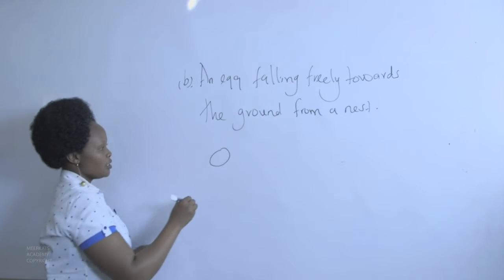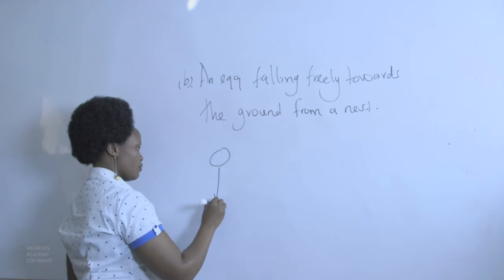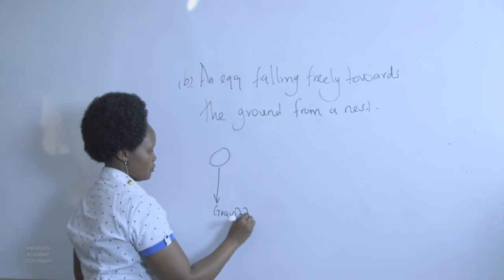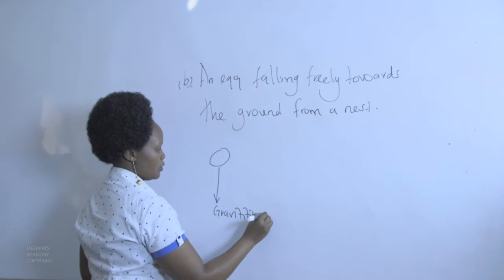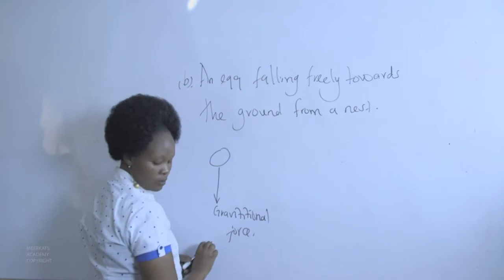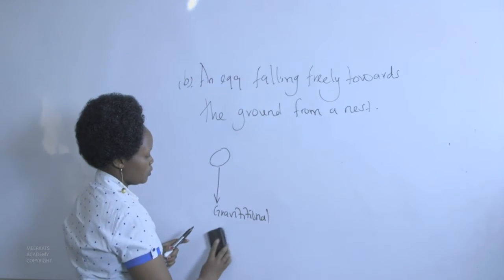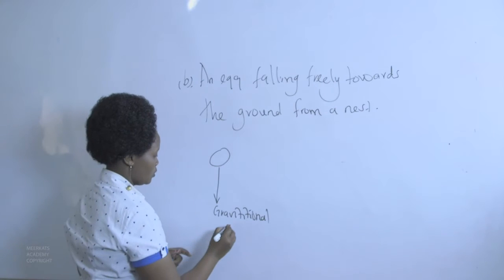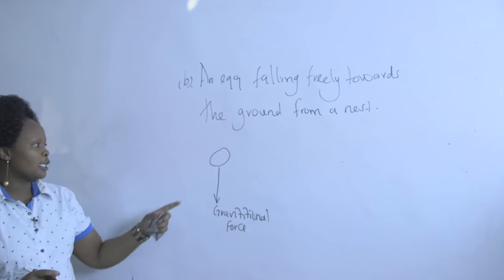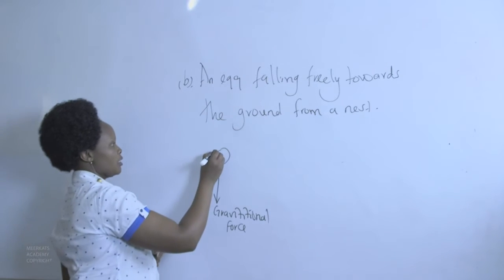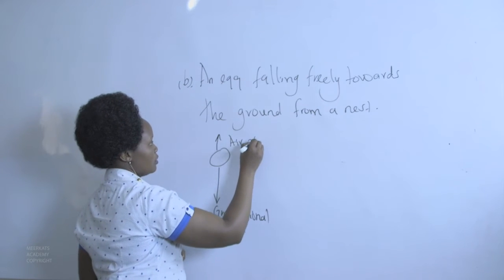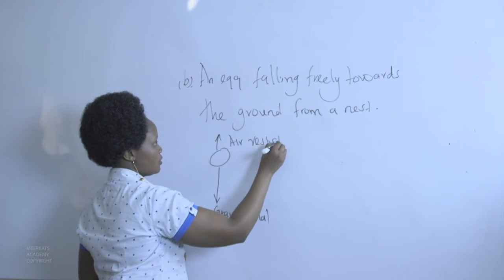Now, this time you have gravitational force. And the normal force in this case is what we call the air resistance.